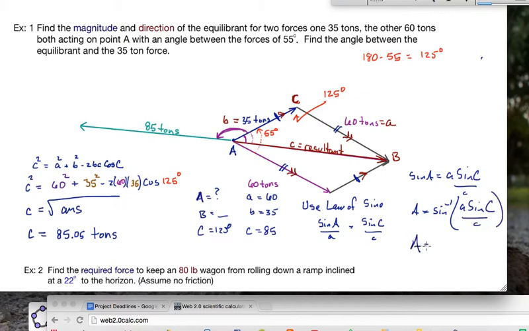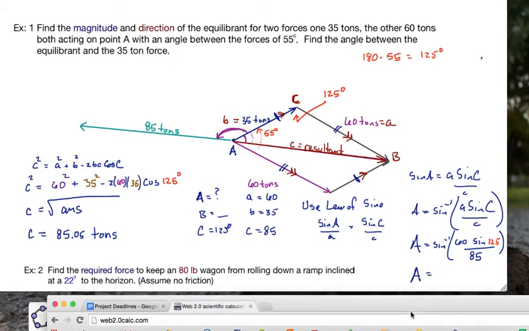Okay, so let's put it in here. It's going to be the inverse sine of 60 sine 125 over 85. That's going to give me my angle.